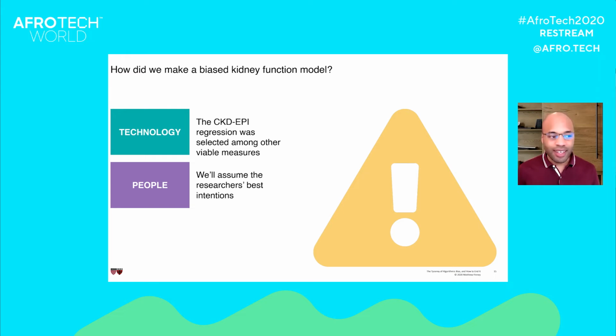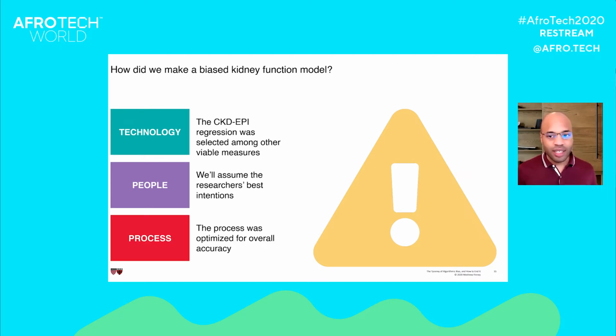On the people front, that's where we consider the role of people like myself, data scientists, business owners who come up with the business requirements for these algorithms, and the end users who actually take the algorithms and put them into practice to make decisions. And the last component here are the processes. The processes that we use to train our models, to evaluate our models, and apply them in practice. And by breaking down the process of building a model into these three components, we can evaluate them individually when we want to determine the root cause of algorithmic unfairness or algorithmic bias.